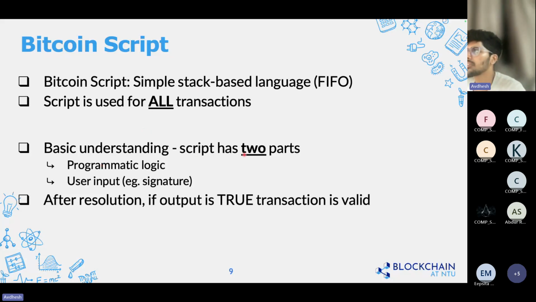The basic understanding is that they have two things: the programmatic language and the user input, which is the digital signature. If the output is true, the transaction is valid. So you can see that the output is actually Boolean and not something numerical.